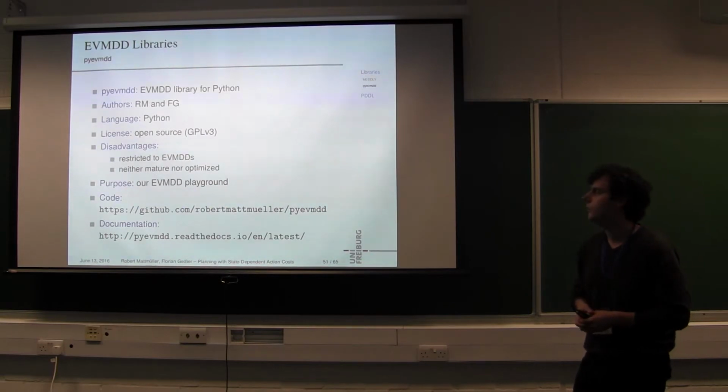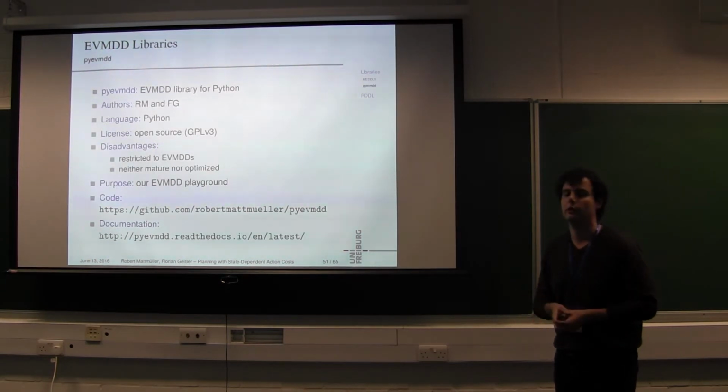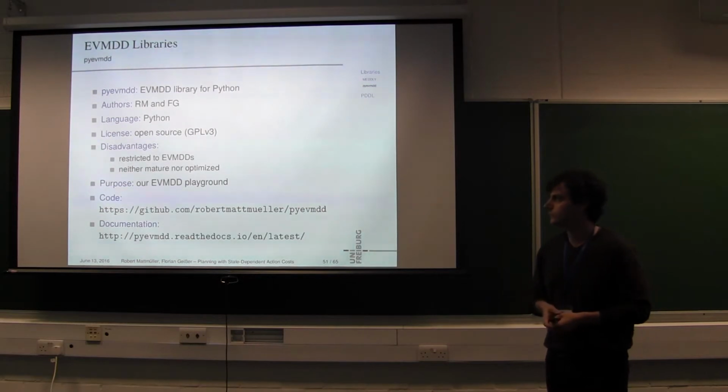It's only, I think, a few months old. So it's nice if you just have small decision diagrams, so your cost functions are really simple. Then you can immediately run the library. But even for medium-sized decision diagrams, it sometimes may take a couple of minutes to compute them.